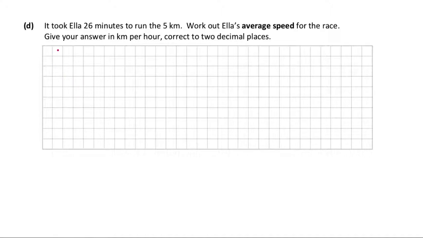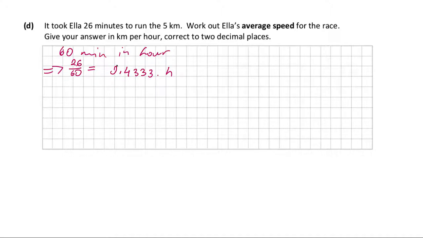We know that there is 60 minutes in an hour. So to find what fraction, we need to divide 26 by 60, and if you divide that, the result is 0.4333 hours.